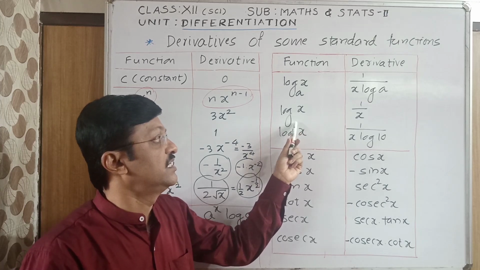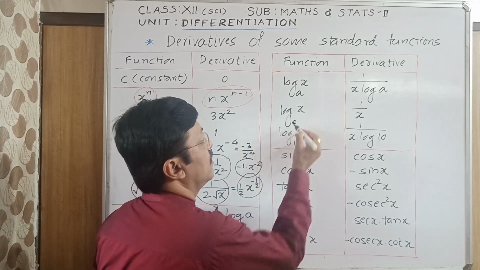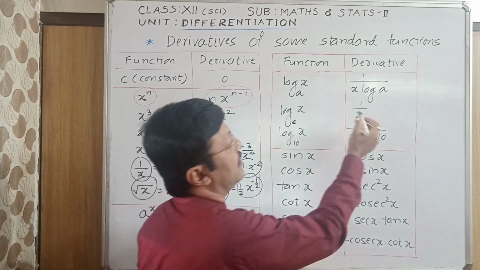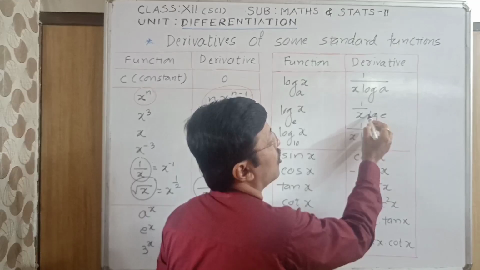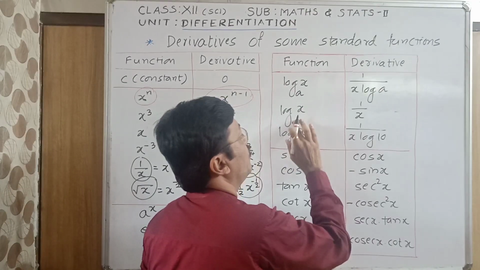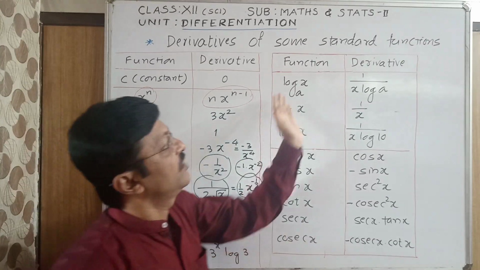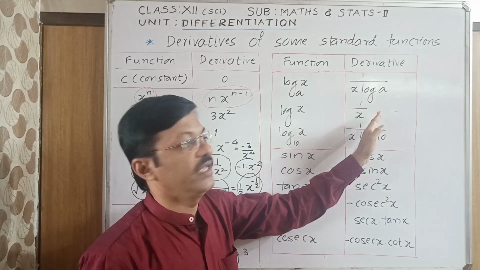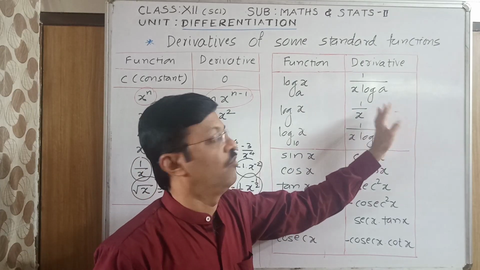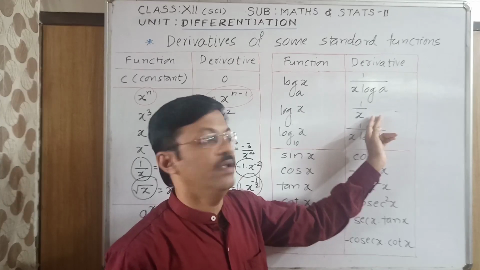Log of e means 1, so it is not mentioned. As per this formula it should be 1 upon x log e, with log e being 1. So we simply remember the derivative of log of x as 1 upon x.